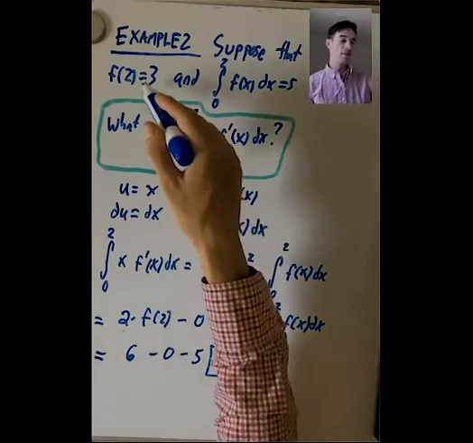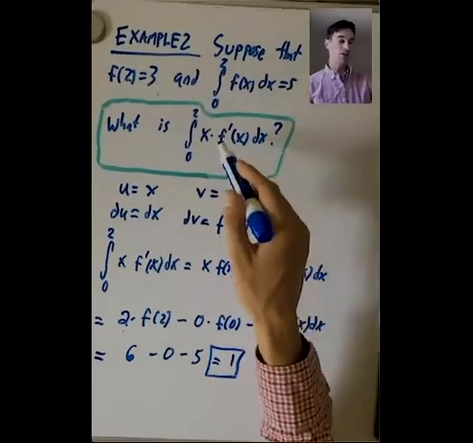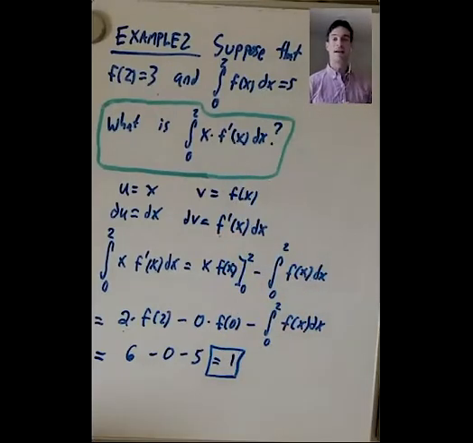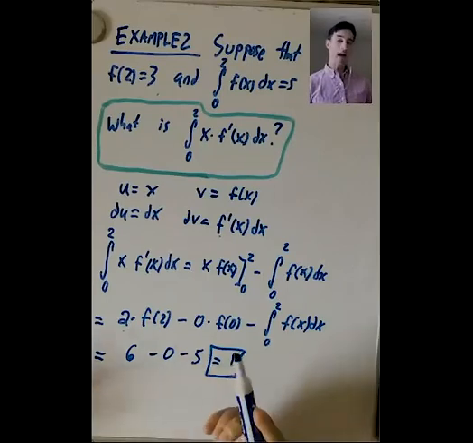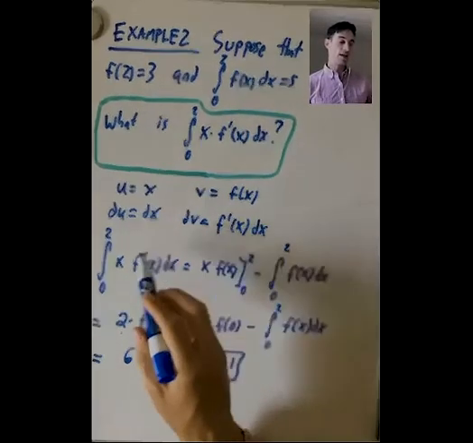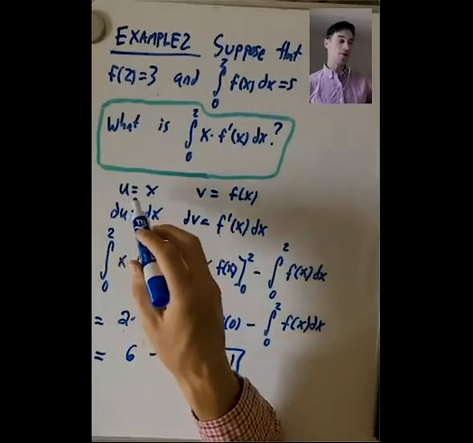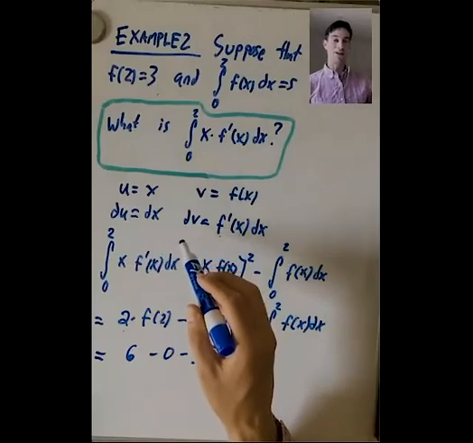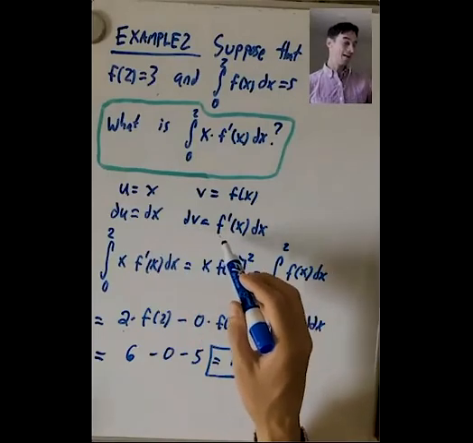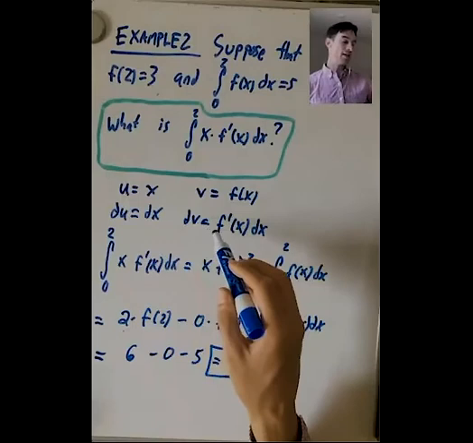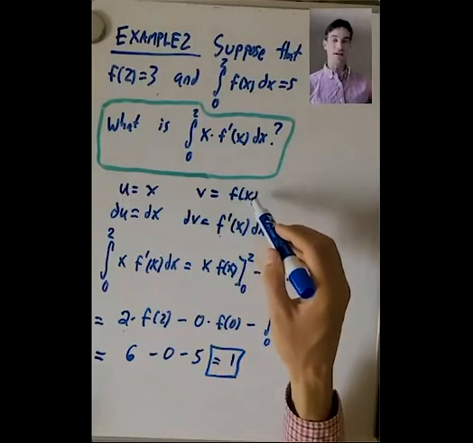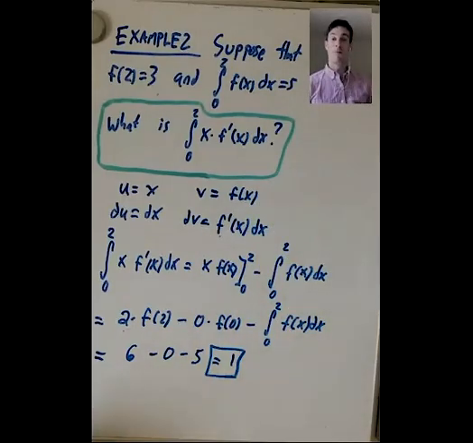When you see a problem with this kind of partial information, that's a really good hint that applying integration by parts is the right idea. And how do you know what function to let be equal to u and what you want dv to be? Well, you want to make it so that when you go from dv up to v, you get a function where you actually have more information.